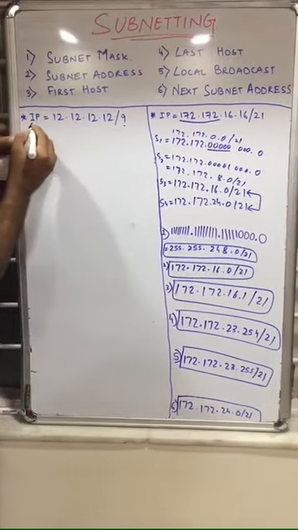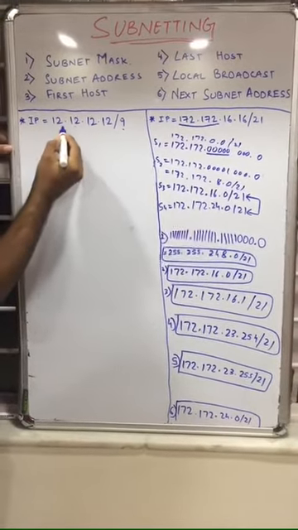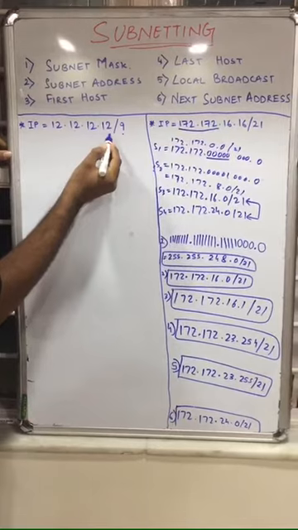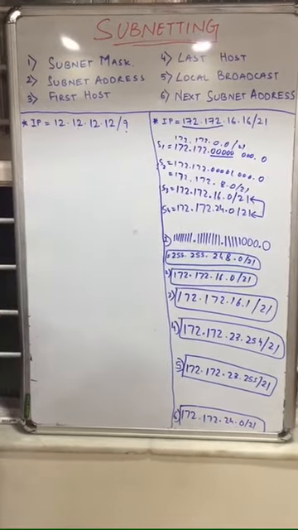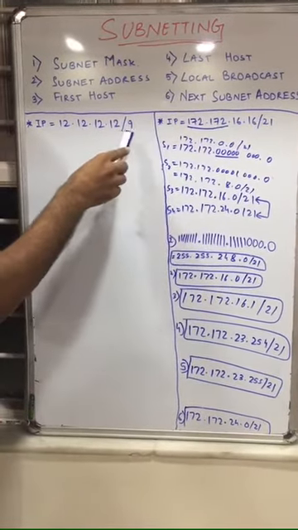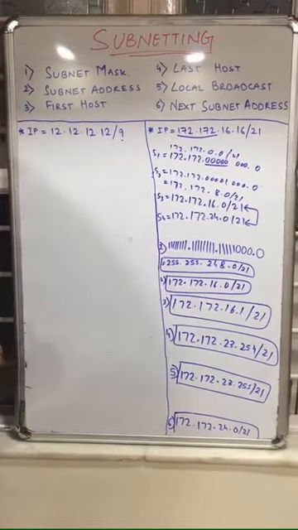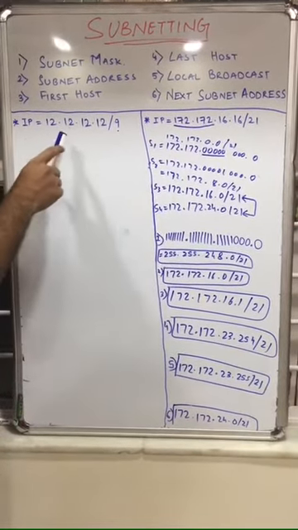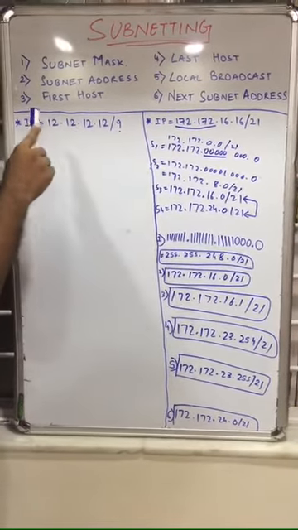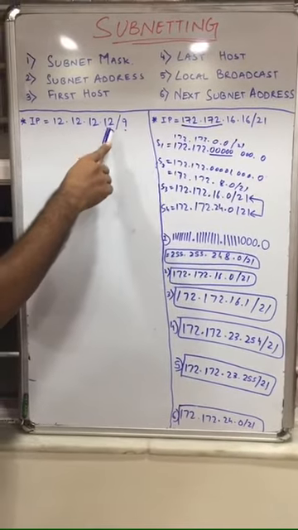Alright. So first of all, I would like to solve this given example, which is 12.12.12.12/9. It states that 9 bits are considered as network bits. We all know that an IP is combined of 8 bits, 8 bits, 8 bits and 8 bits.